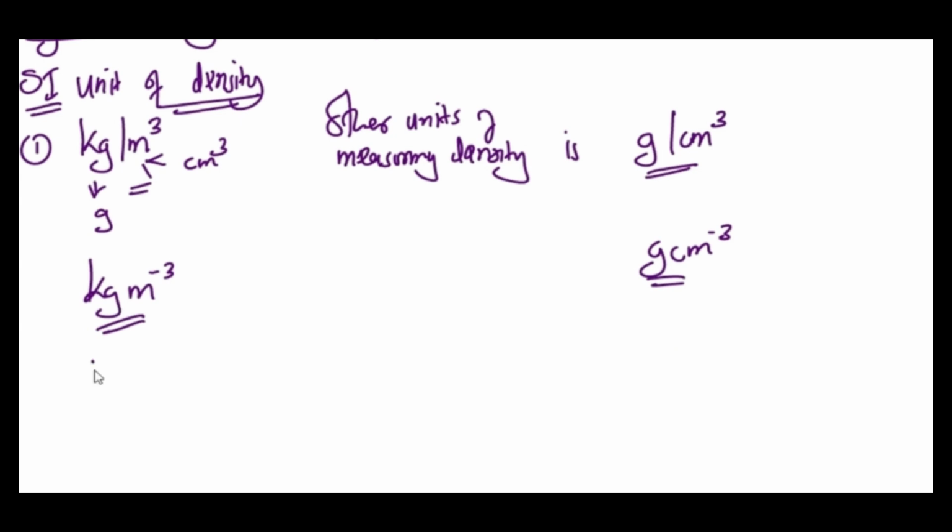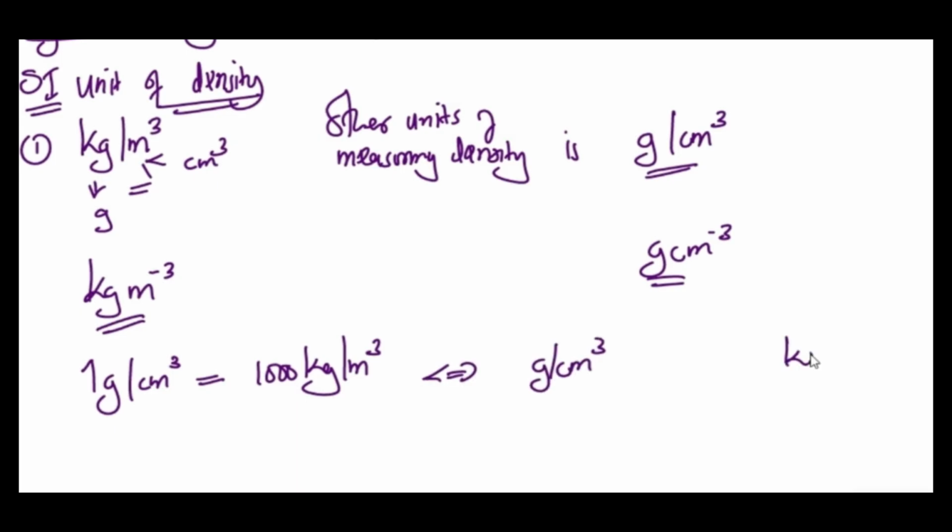Now it's good to note that 1 gram per cubic centimeter is the same as 1,000 kilograms per cubic meter. So you have a simpler way of converting units.